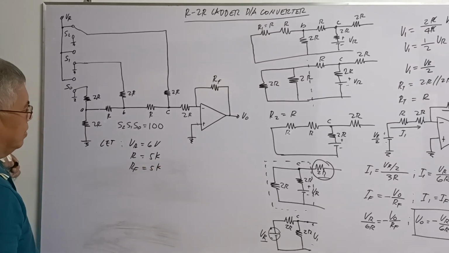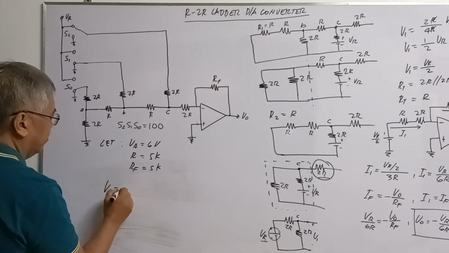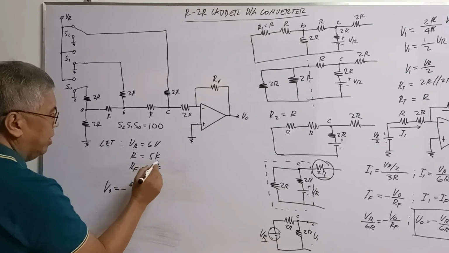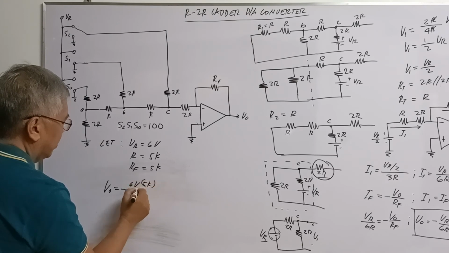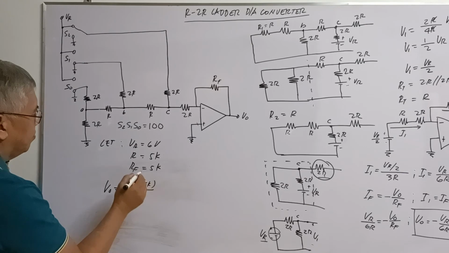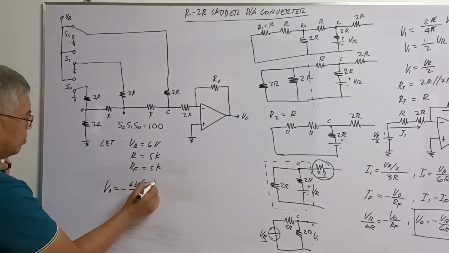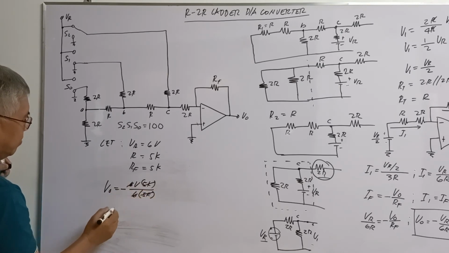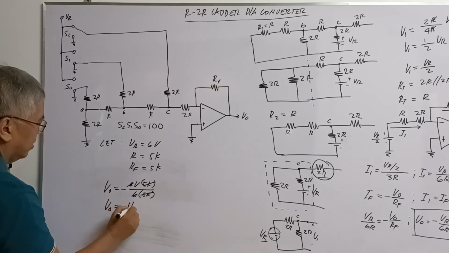Alright? So, what is VO therefore? VO will be equal to minus VR, which is 6 volts, times RF, which is 5K, over 6 times R, which is 5K. Okay? So we cancel this one. 5K, 5K, 6. 6 divided by 6 is 1. So VO therefore is equal to minus 1 volt.